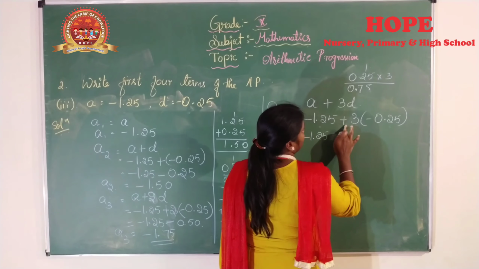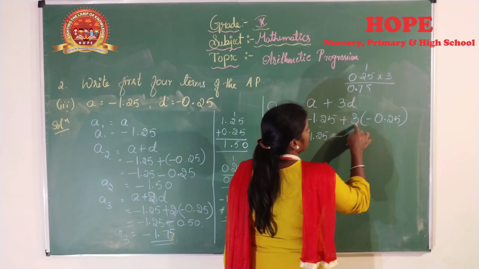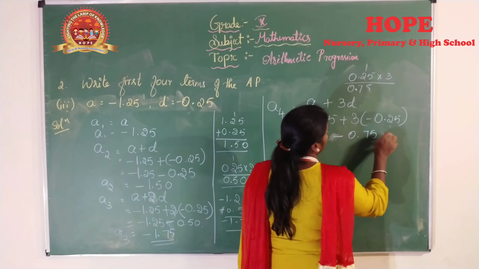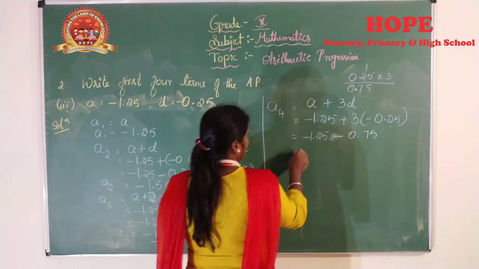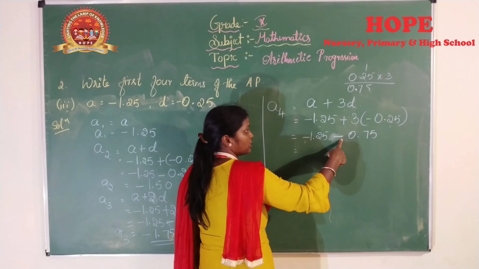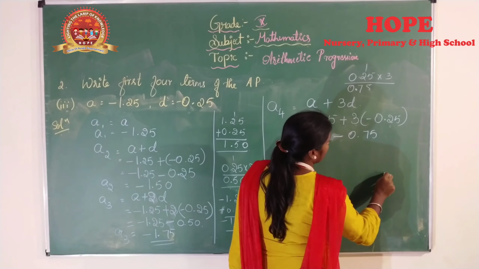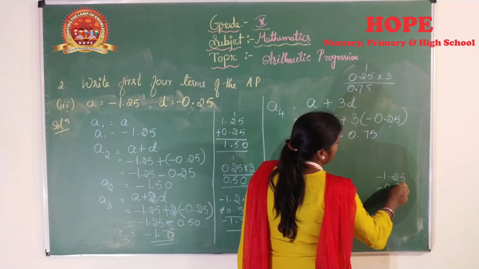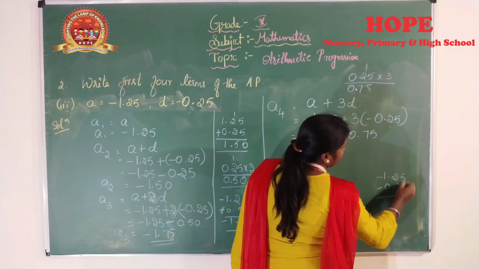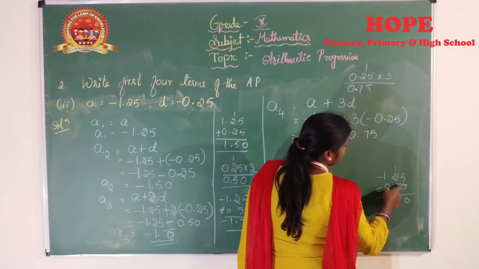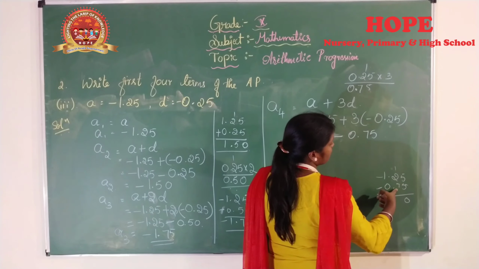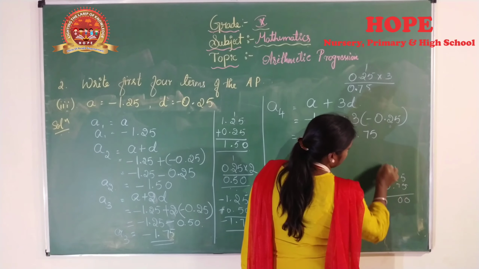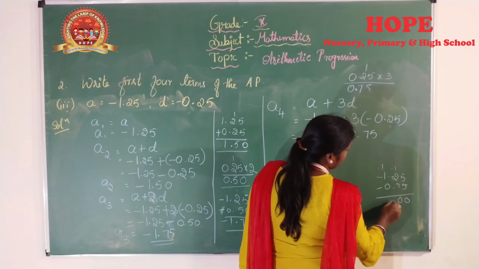So the answer will be plus into minus is minus. 3 into 0.25 is 0.75. Again minus into minus is plus, so we have to add 1.25 plus 0.75: 5 plus 5 is 10, 0, 1 carry over, 1 plus 2 is 3, 3 plus 7 is 10, and 0, 1 carry over, then 1 plus 1 is 2.